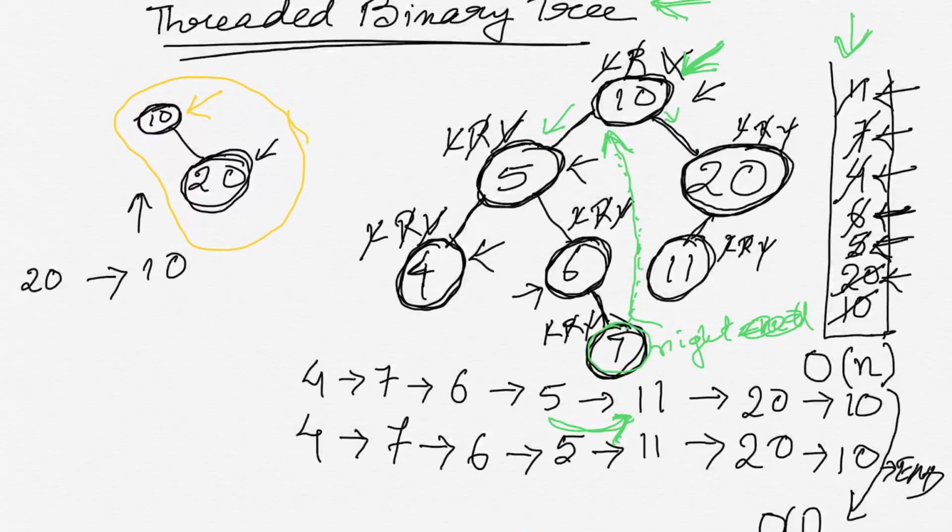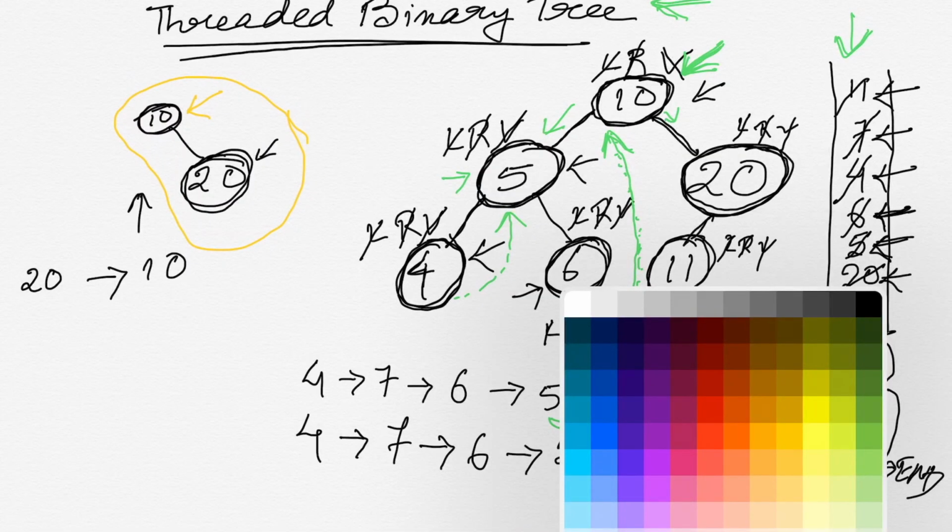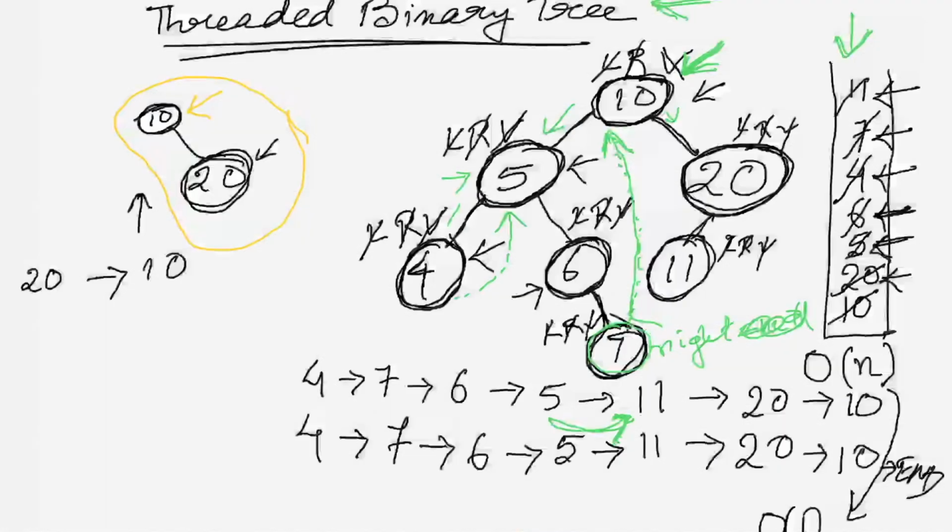We compute the in order predecessor for the current node, which is the node with value 5. And then if it has a left child, we move on to the left child, which is 4 here.